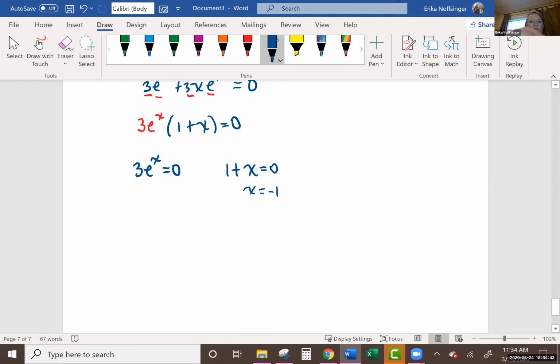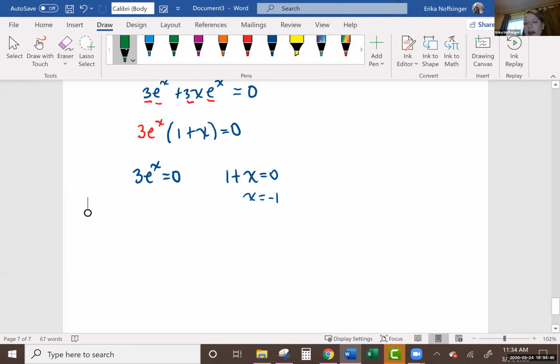But I know, if you recall, or if you look at the graph of y equals e to the x, that is a graph that falls above the x-axis. It's getting closer and closer to 0 as x goes to -infinity, but never touches. And multiplying that by a constant of 3 just makes it grow faster.